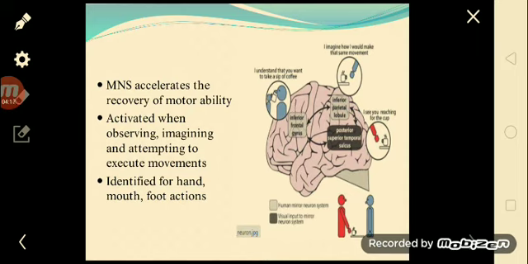It is activated when observing, imagining, and attempting to execute the movements. It is identified for hand, mouth, and foot actions. See here, a person is observing another person reaching for a cup of coffee, and he imagines the movement and imitates the movement. This is the action of the mirror neuron system.